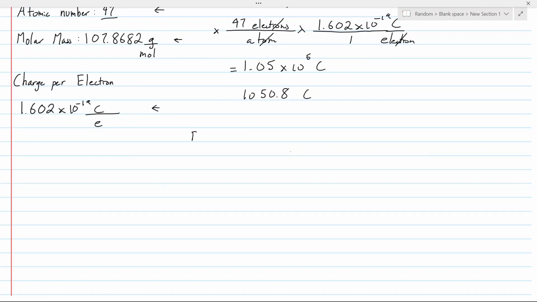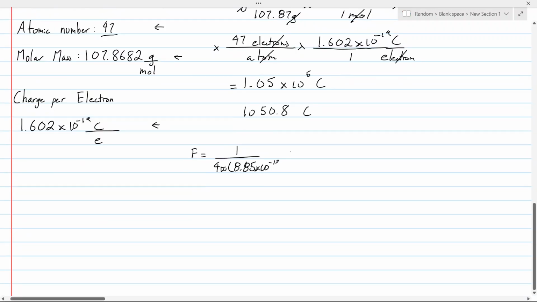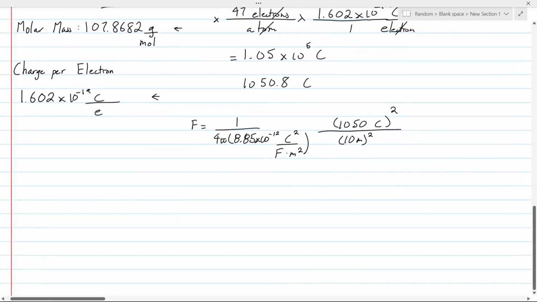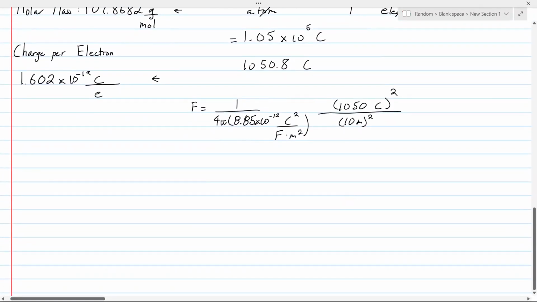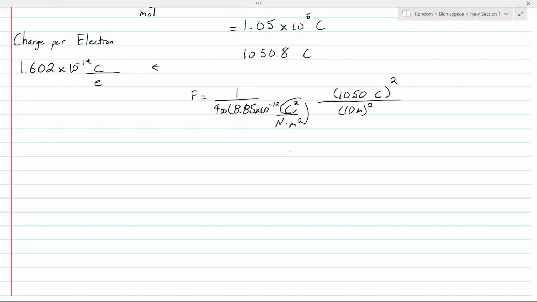Now we put these values into our equation. And just real quick, we can look at the dimensions: we have a Coulomb squared here and a Coulomb squared here, so they're going to cancel.